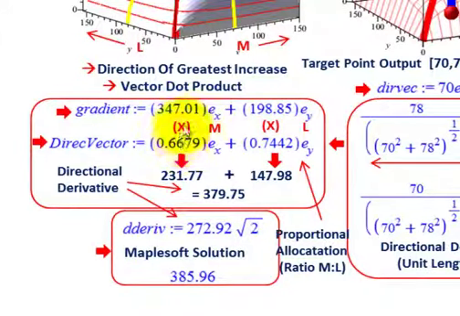So you take that times your gradient, just match up the e to x, which is for material, and e to y, which is for our labor. The gradient vector is the direction of the greatest increase, times your unit vector for material, and that multiplication gives you the portion for material, which is 231.77.